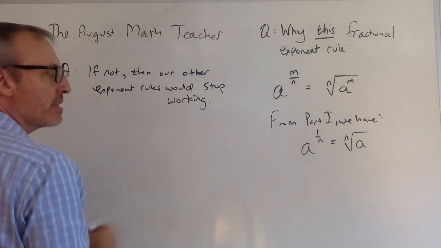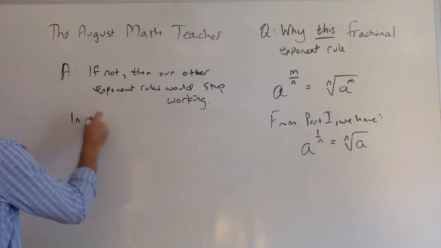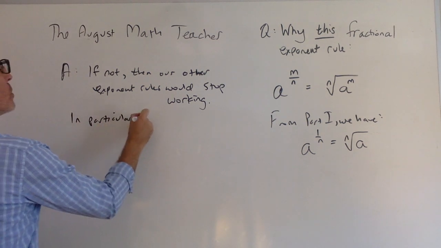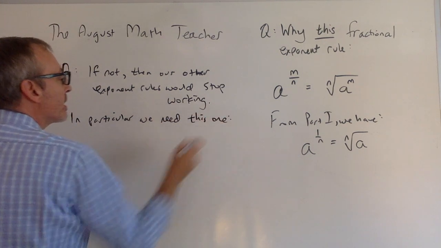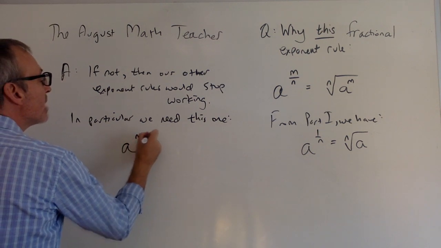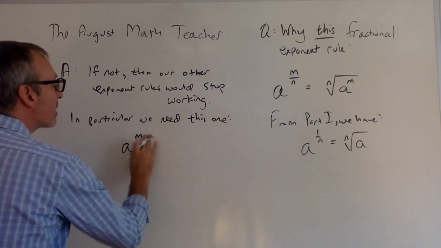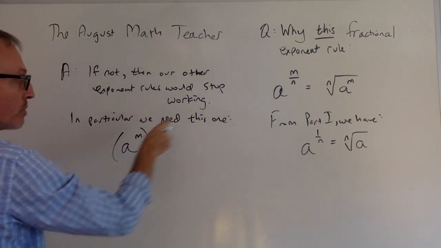So I want you to think about a particular exponent rule right now. In particular, we need this one to keep working. If you take a to the m and you raise it to the n. Now I know I'm using m's and n's in this one and in this one.